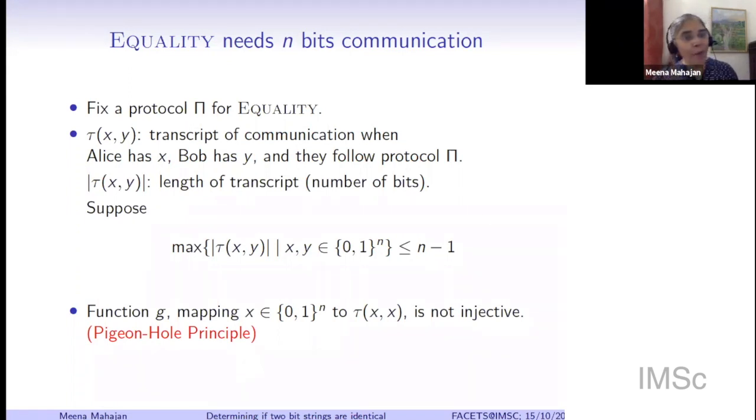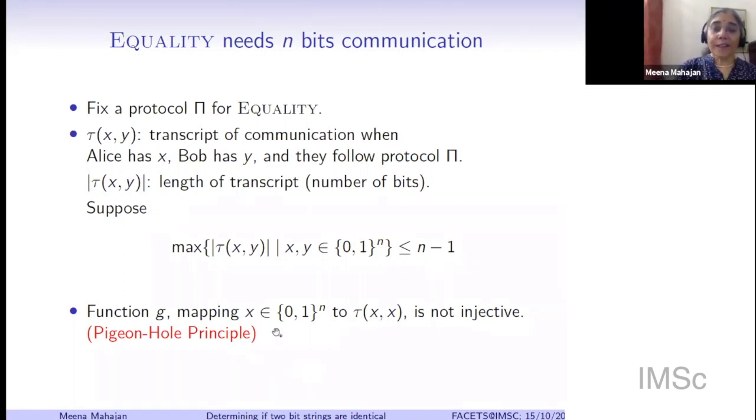So if you have more pigeons than holes and you're going to put every pigeon into some hole or the other, then there must be at least one hole into which you have to put more than one pigeon. Right? That's because there aren't enough holes to accommodate just one pigeon per hole. And stated in the language of functions, it's saying that this function g cannot be injective. You do not have enough different transcripts so that for each x I can choose a fresh transcript.